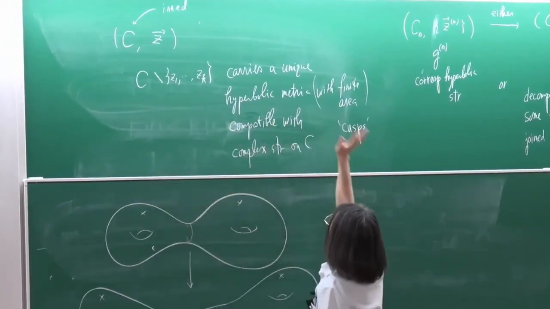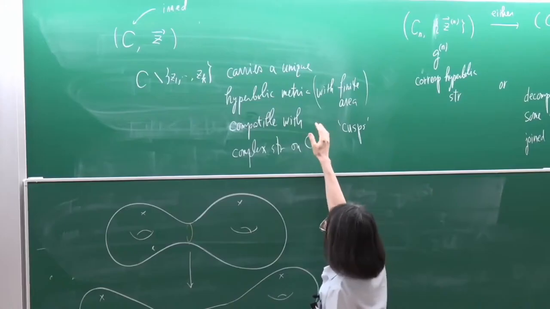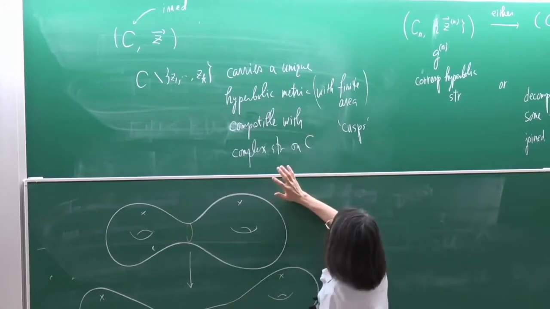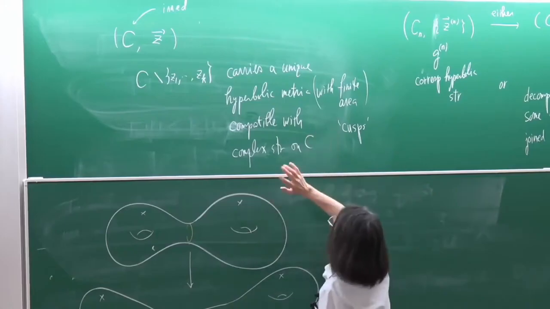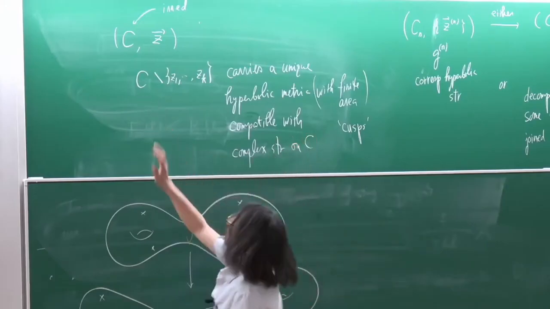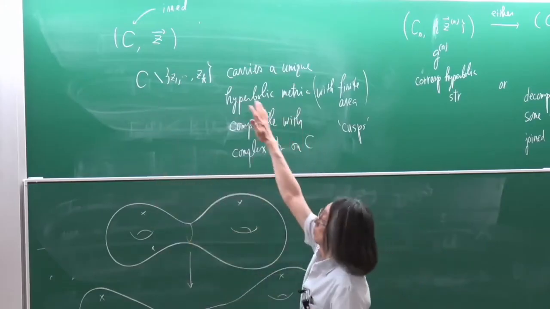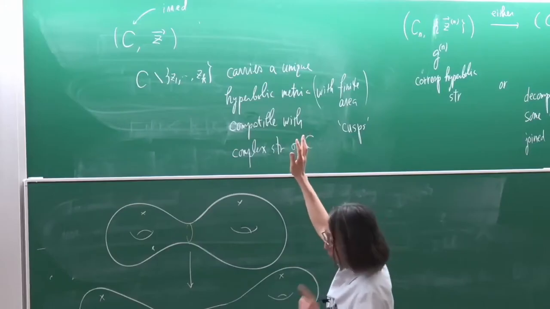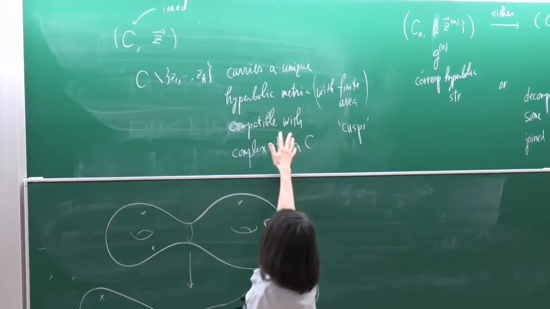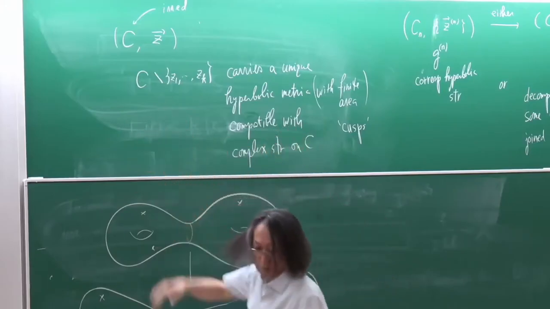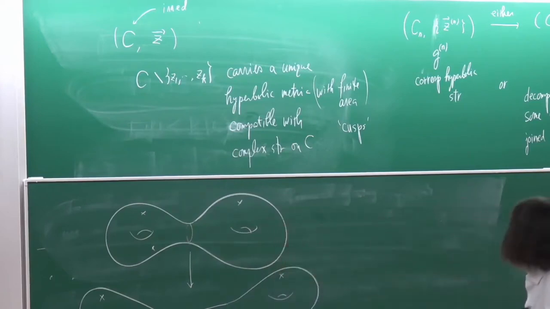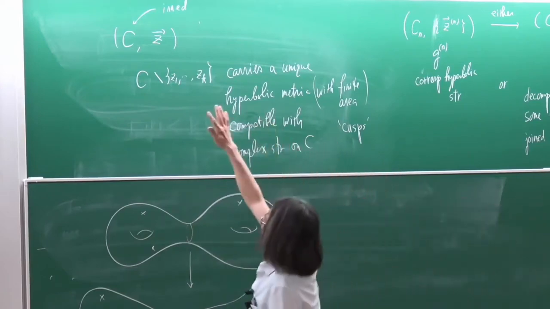And with this hyperbolic metric you have an underlying conformal structure, and also remembering the orientation, you can recover the complex structure on the Riemann surface. So just remembering the orientation, there is a one-to-one correspondence between the hyperbolic structure and the structure as a Riemann surface.